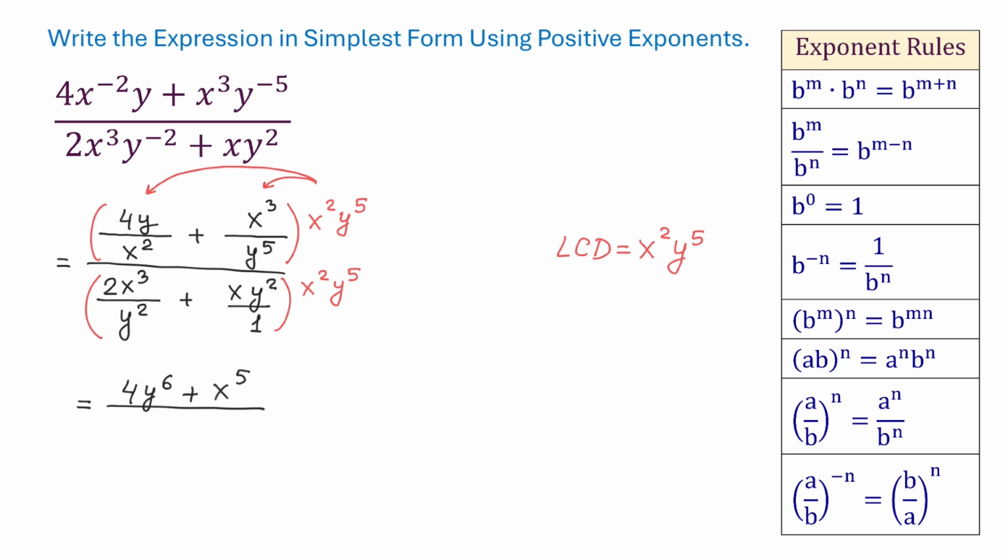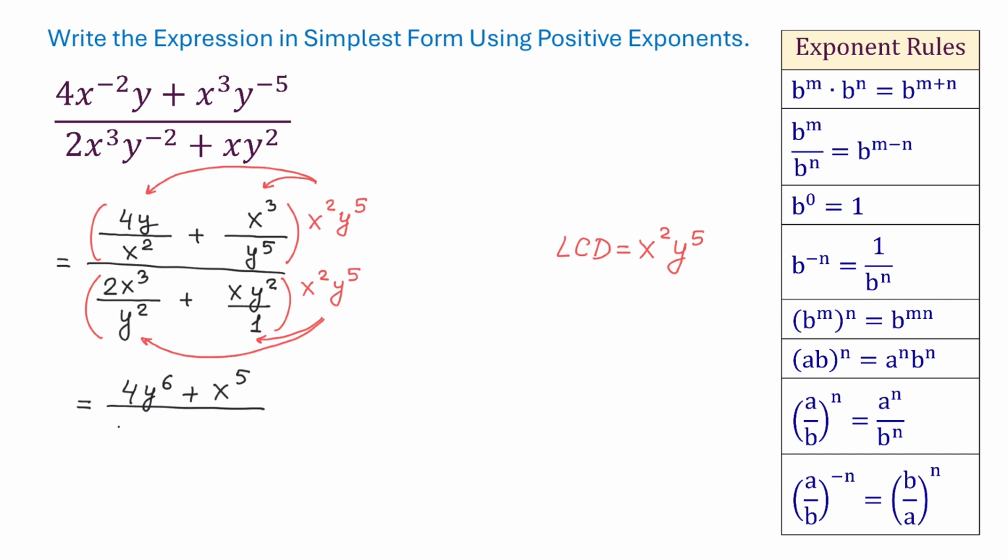Now let's apply the distributive property in the denominator. So first we will multiply 2x cubed over y squared by x squared y to the fifth power. And when we multiply, y to the fifth power over y squared is y cubed. So now we have 2x cubed times x squared times y cubed.